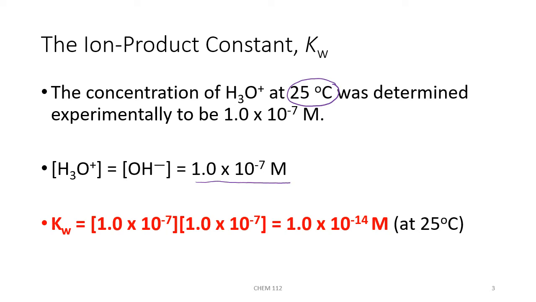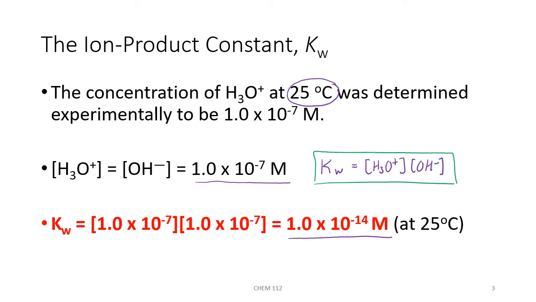If we were to take those concentrations and substitute them into our Kw expression, Kw equals concentration of hydronium times hydroxide, we would see that Kw is a constant at 25 C of 1 × 10⁻¹⁴. The value for Kw would change at different temperatures, but often we're just assuming that we're at 25 degrees Celsius if we're not told otherwise. This equation is the first one we'll use that will be able to relate hydroxide ion concentration to hydronium ion concentration using the Kw.